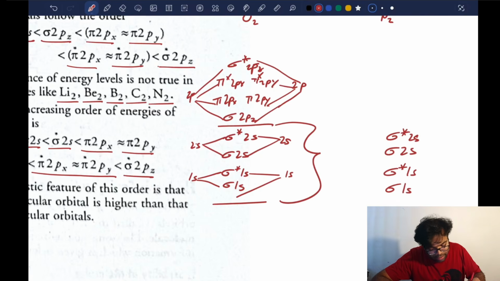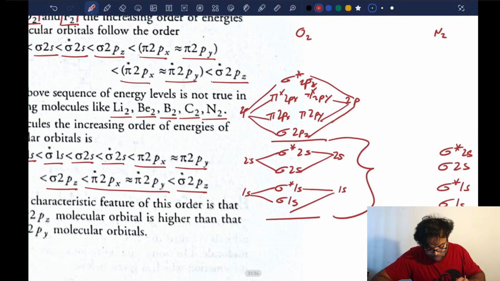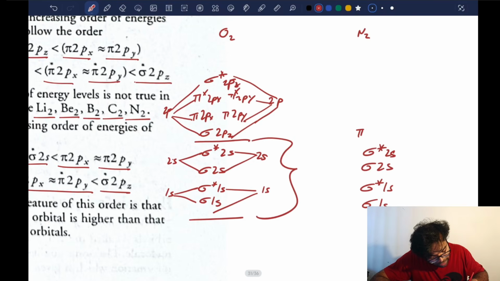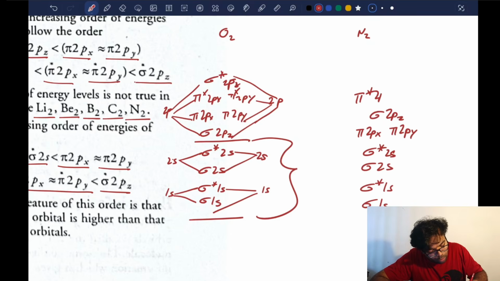Then you have pi 2px, pi 2py, sigma 2pz, pi star 2px, pi star 2py, sigma star 2pz.